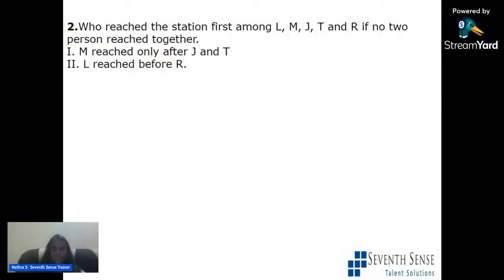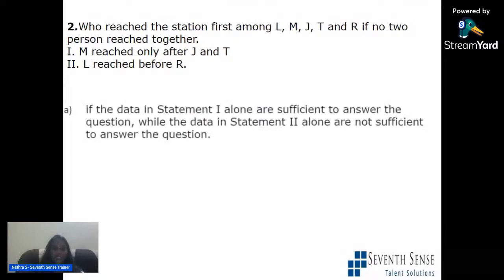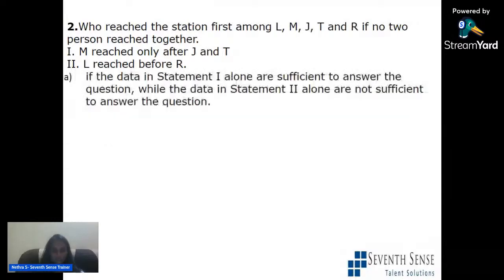The second statement is L reached before R. Read the question again. Who reached the station first among L, M, J, T and R if no two persons reached together? Statement 1 is M reached only after J and T. And the second statement is L reached before R. And here are your options. Option A is if the data in statement 1 alone are sufficient to answer the question, while the data in statement 2 alone are not sufficient to answer the question.